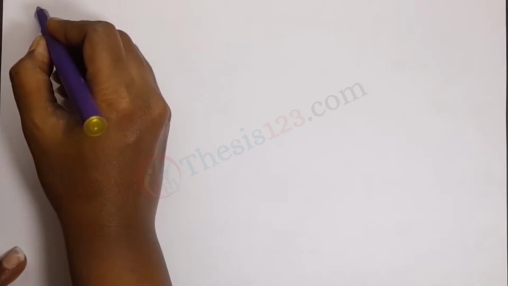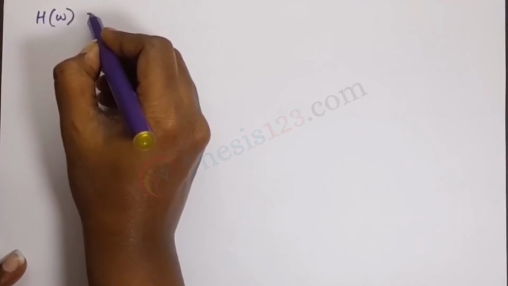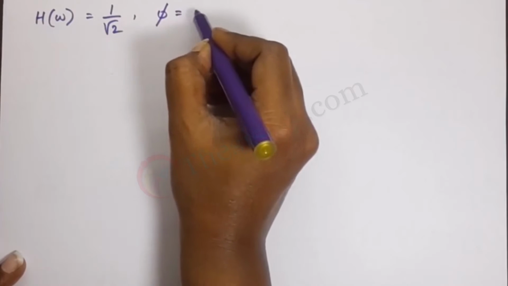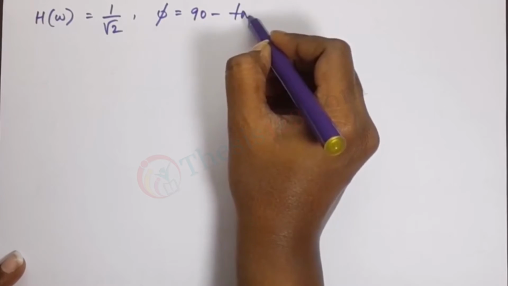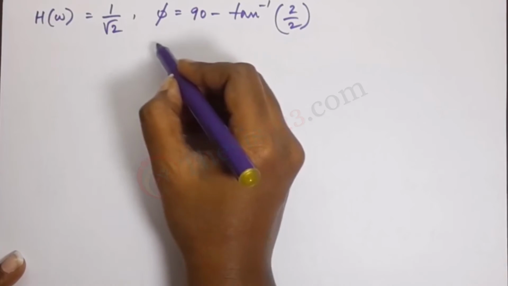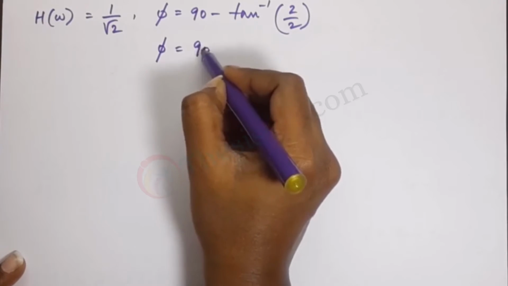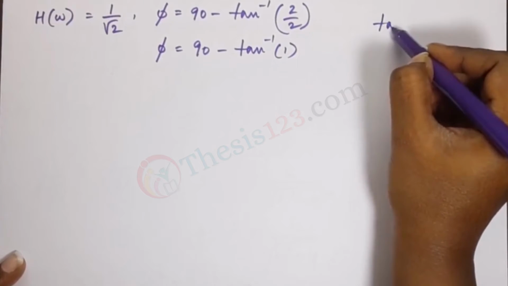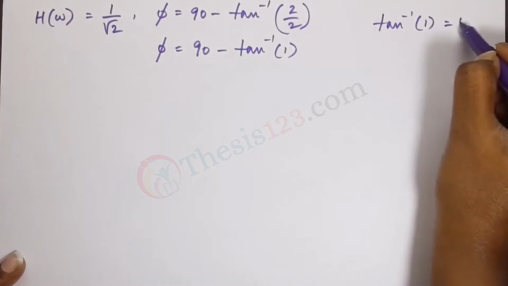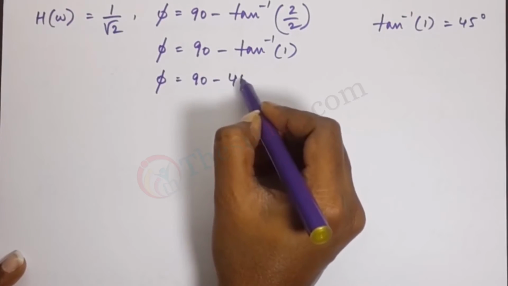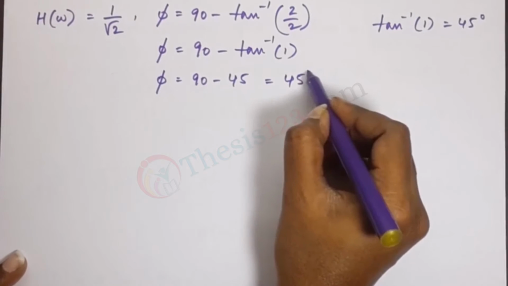So we have h of omega is equal to 1 by root 2 and phi is equal to 90 minus tan inverse of 2 by 2, which is tan inverse of 1. And you know what tan inverse of 1 is, right? Tan inverse of 1 is 45 degrees. So phi is equal to 90 minus 45, which is 45.